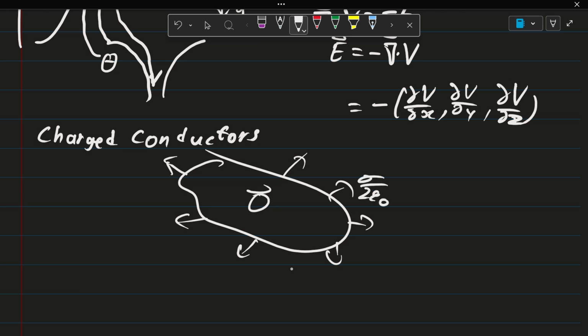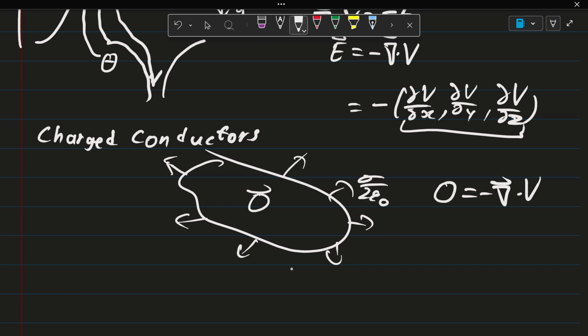But if you try to translate this into voltage, the idea is, since inside the E vector is 0, this would equal the negative nabla times V, or the negative gradient of V. You would know that this means that V itself must be constant. Otherwise, there would be a certain value in here.